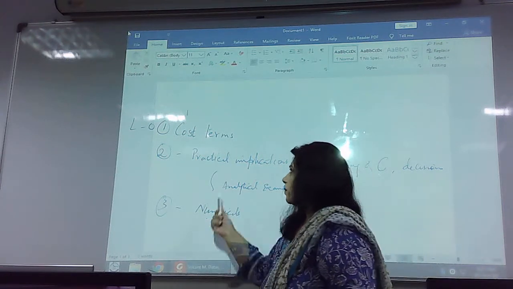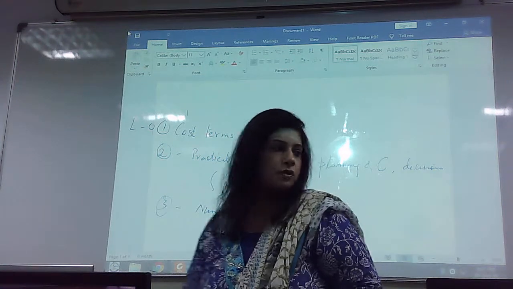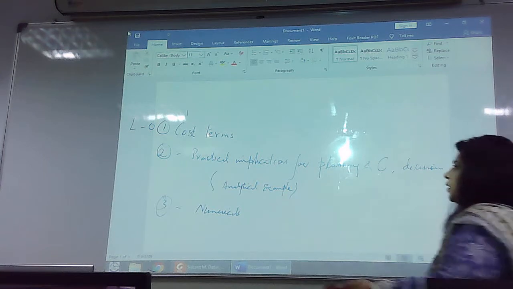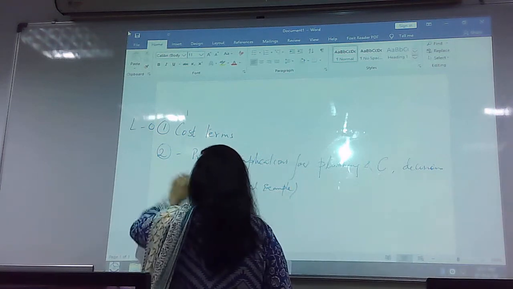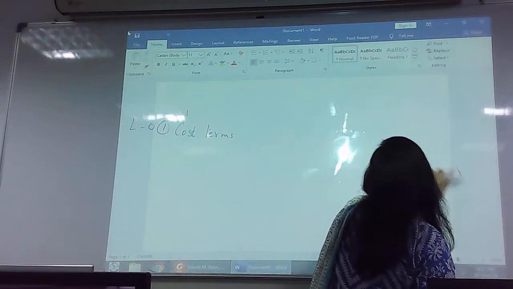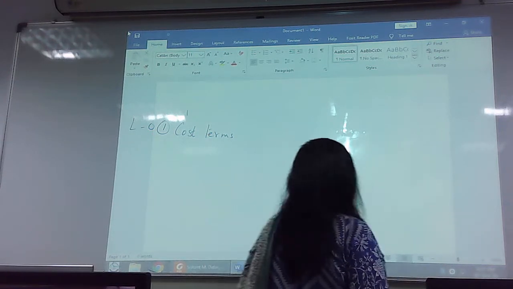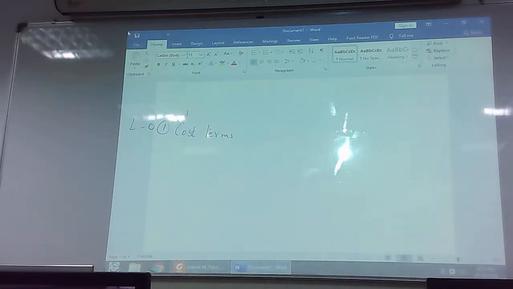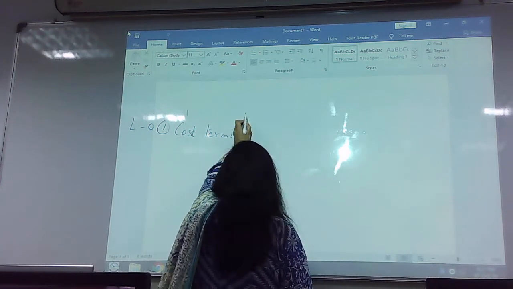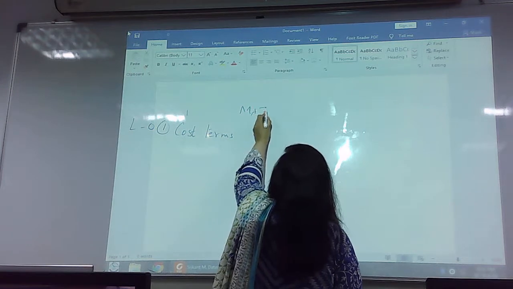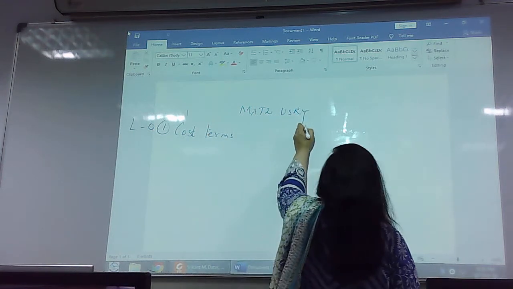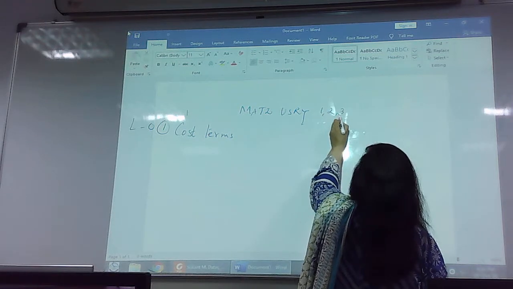So now, beginning with the LO, which is 1, we go ahead with the cost terms. A few of the terms we have done before, but before that, the relevant chapters for today's lecture are Matz Usury's 1, 2, 3 chapters.